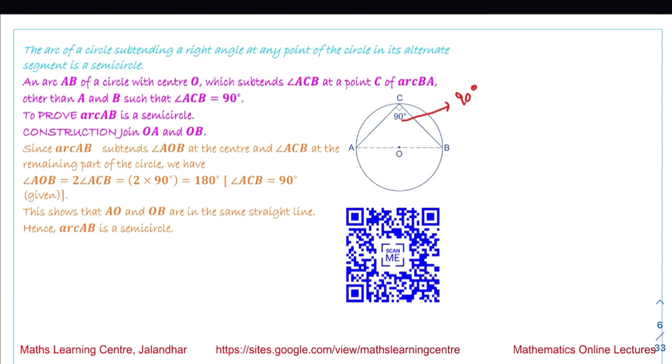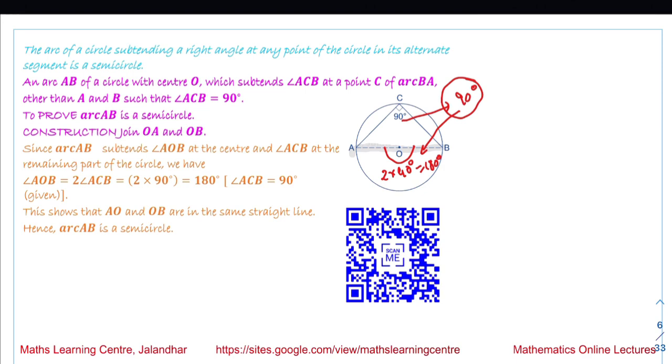To prove this, we join these points A, O and O, B. Basically we have to prove that this angle is 180 degrees. The angle that is given to us is 90 degrees, so this angle should be double of this. So it is 2 times 90 degrees, that is equal to 180 degrees.